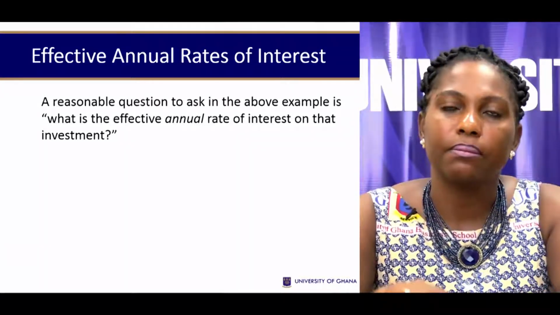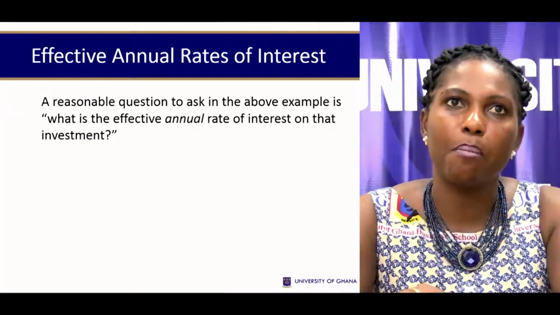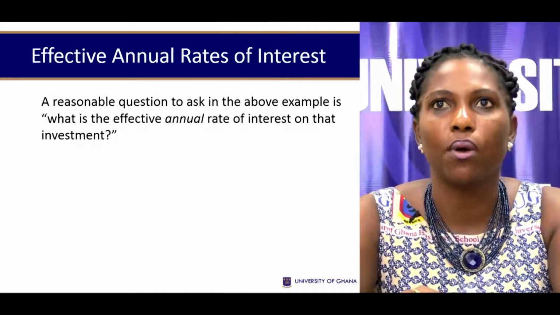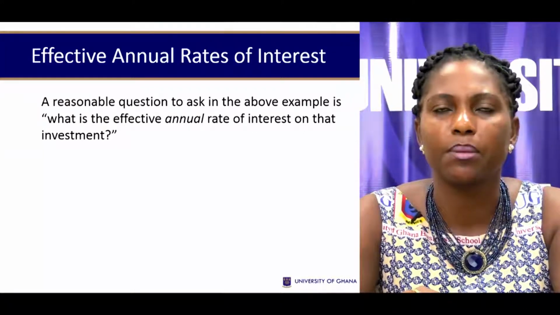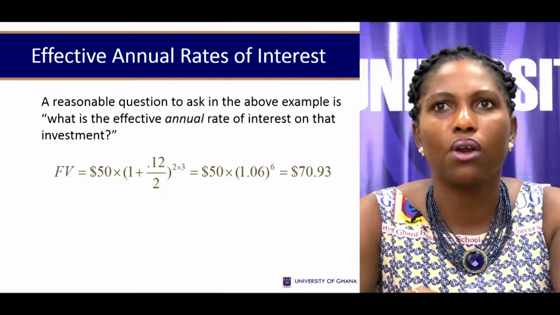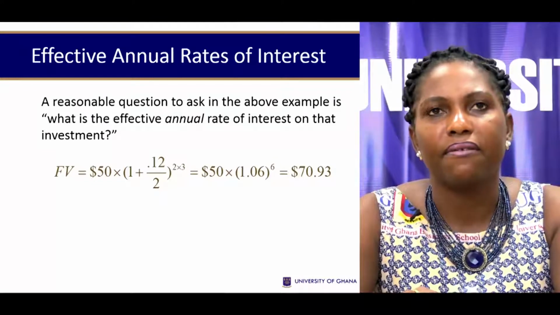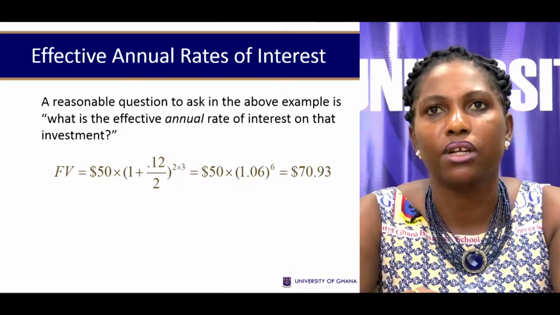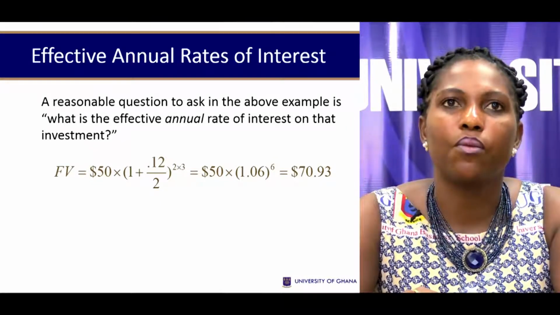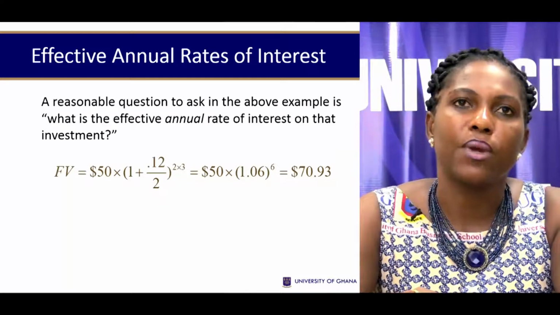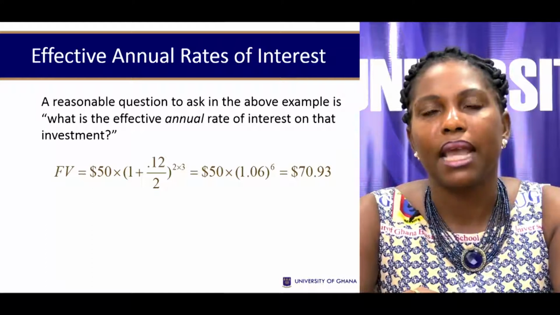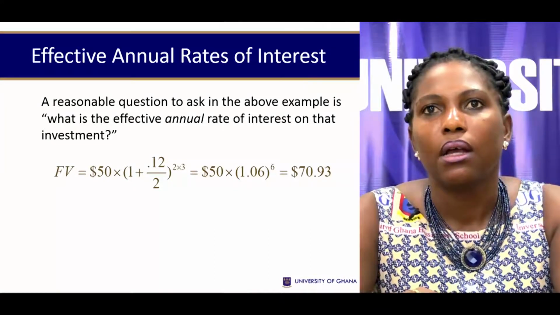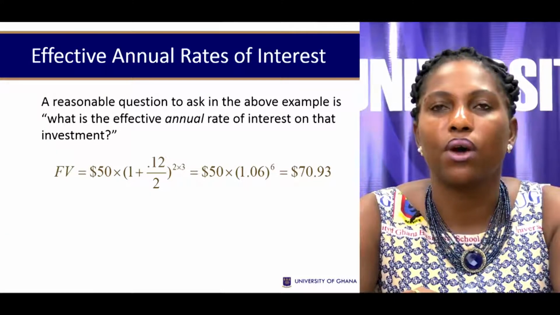Now with that frequency of compounding comes a reasonable question. What is the effective annual rate on such an investment? The higher the frequency, normally, the higher the effective annual rate of interest, because every time we earn interest, we earn interest on interest, which is the effect of compounding, and that translates into higher returns on investment.